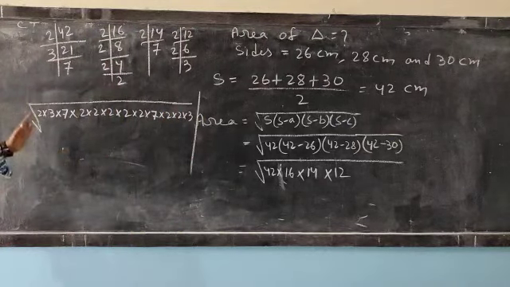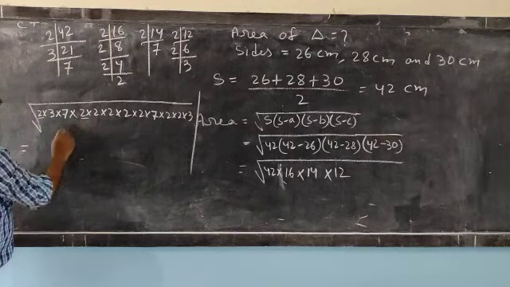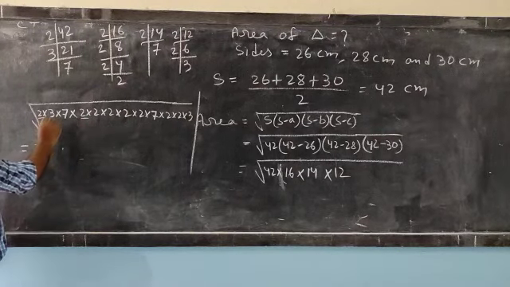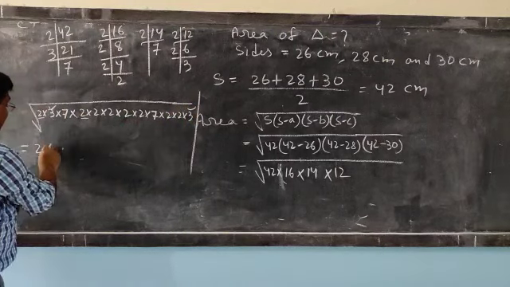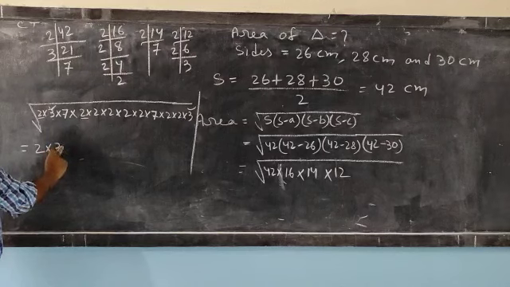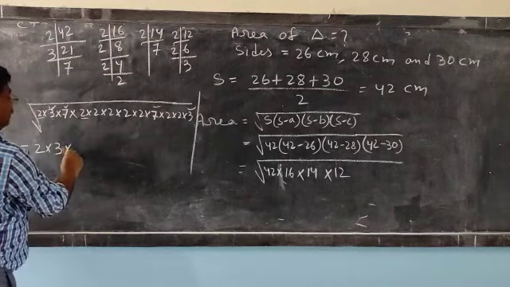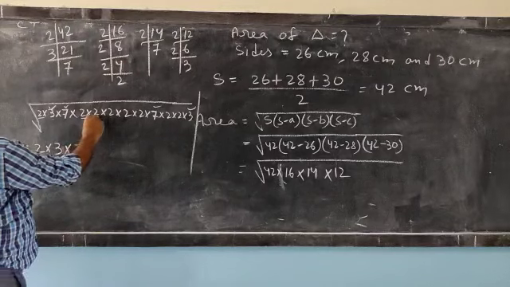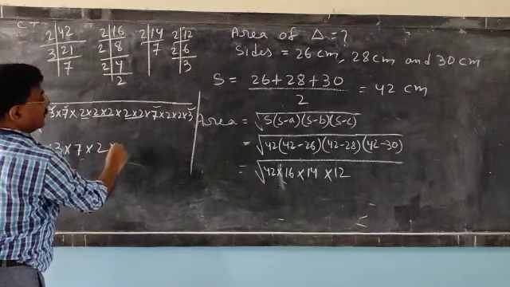Now, instead of 2 twos, 1 will come out. 1 and 1, 1 2 came out. 1 3 and 1 3. 2 3s are there, so 1 3 will come out. 2 7s are there, so 1 7 will come out. Again, 1 2 will come out. Again, 1 2 will come out.